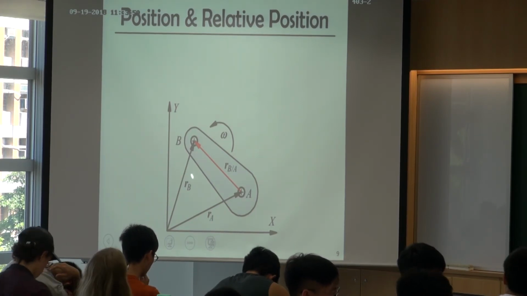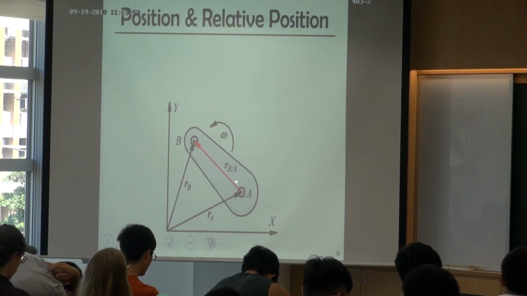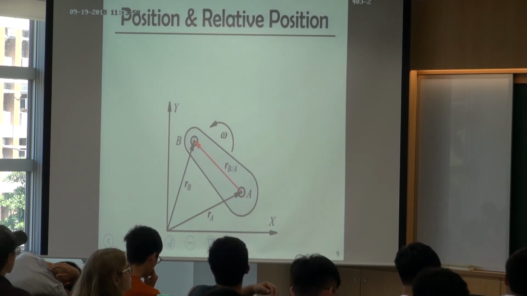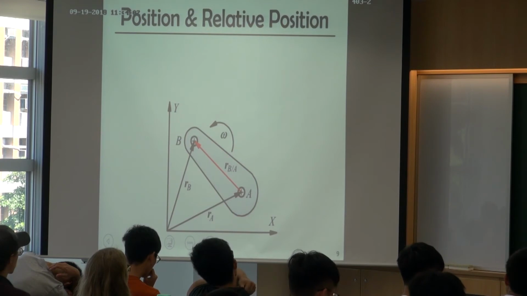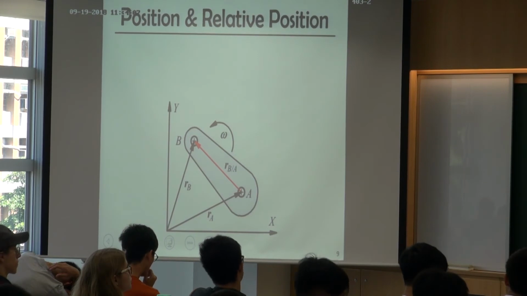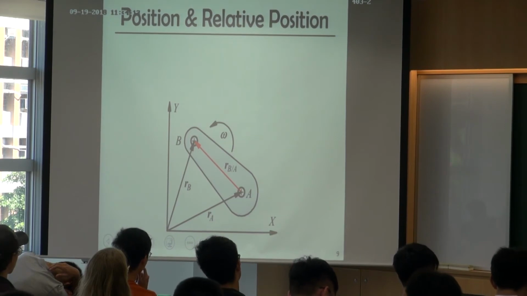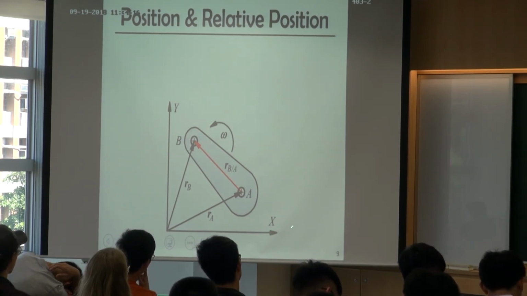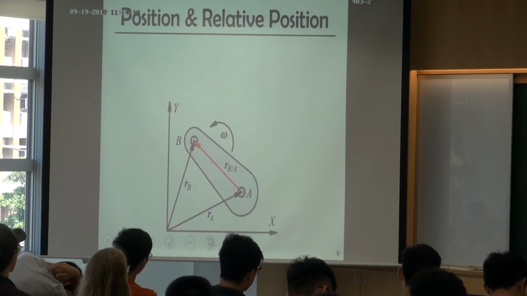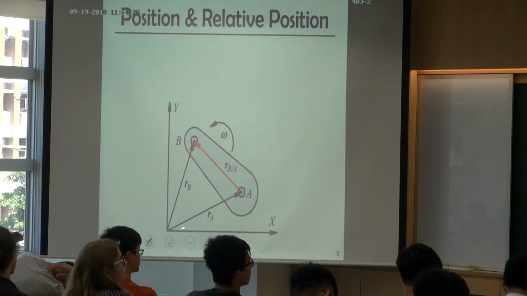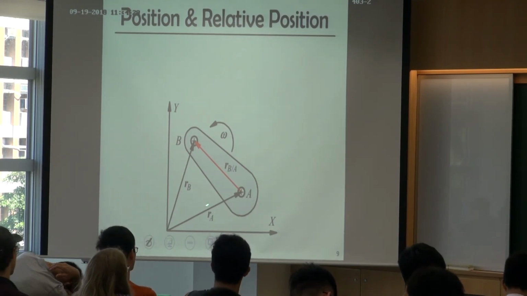So suppose we have a link with point A and point B. The link is a rigid body, so it's not compressible and it's not stretchable. And suppose we put this link on a global coordinate, which we label as capital X and capital Y. To define the position of point A, we can use a vector connecting from the origin to A, called RA.